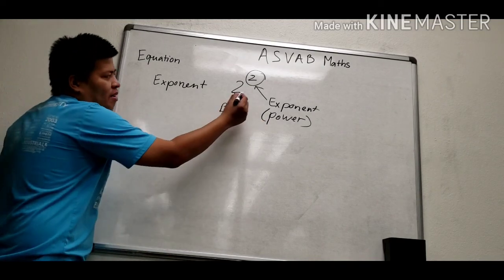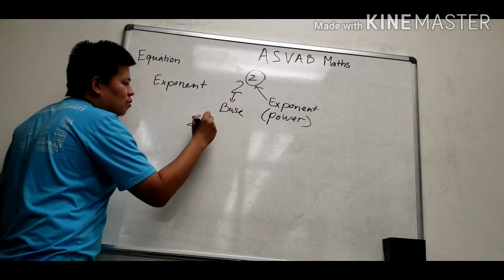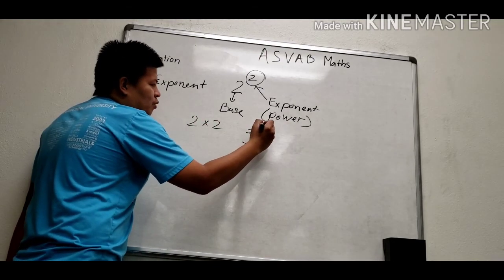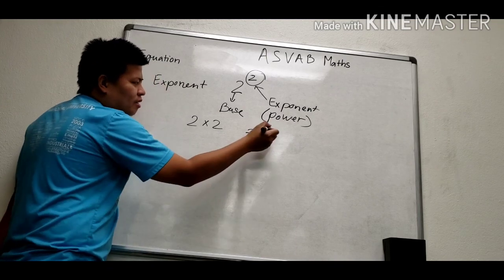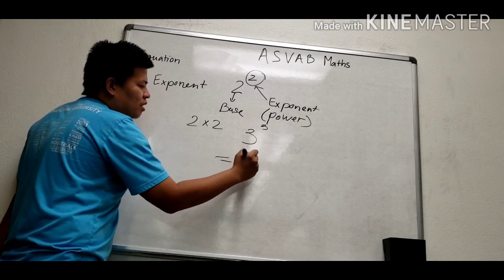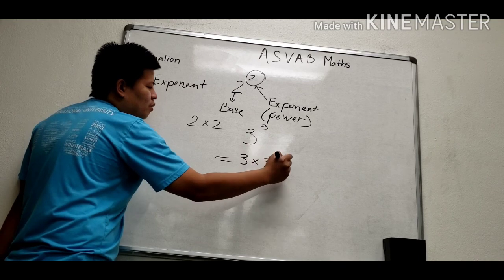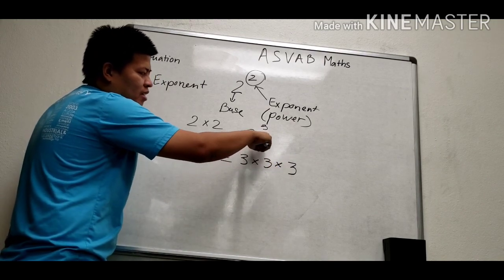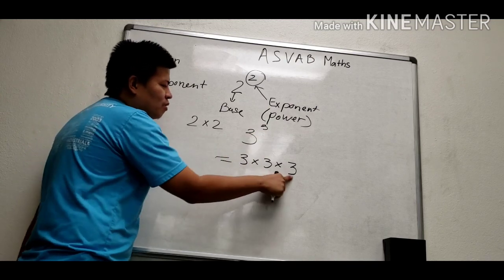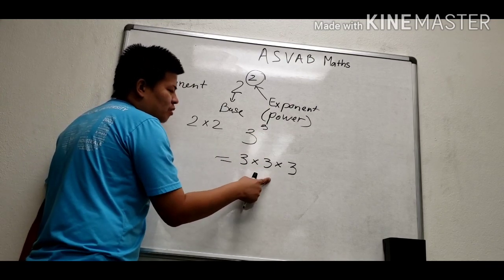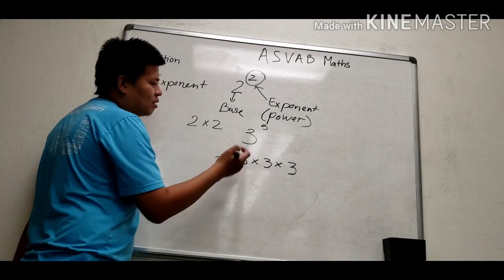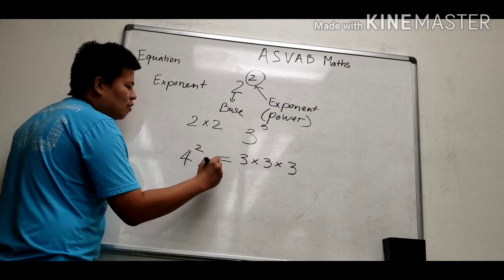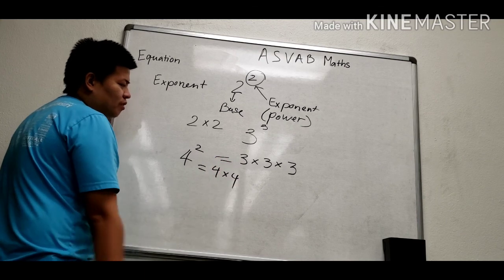If we have 2 power 2, it means 2 multiplied by 2. If it is 3 power 3, we have 3 multiplied by 3 multiplied by 3. So the number 3 in here is the power, and we multiply 3 three times. Or if there is 4 power 2, it is 4 multiplied by 4.